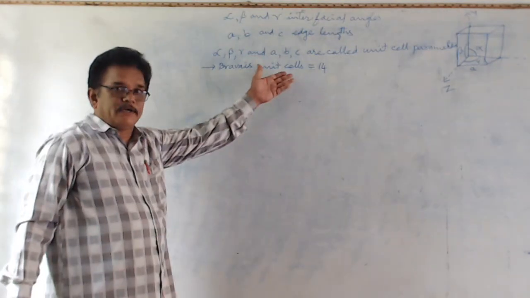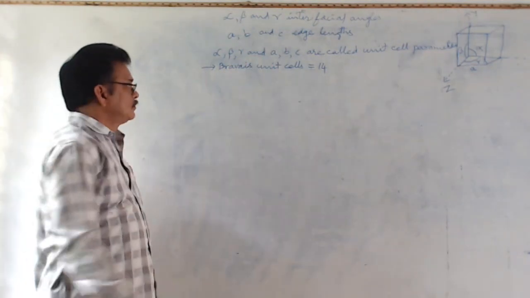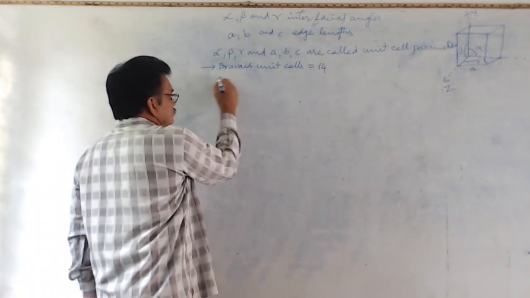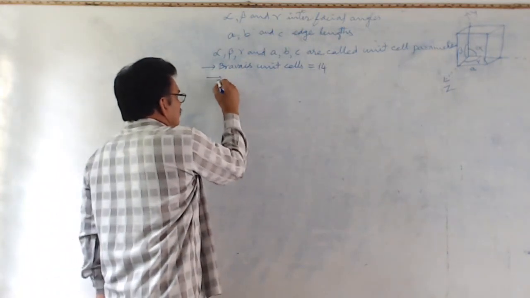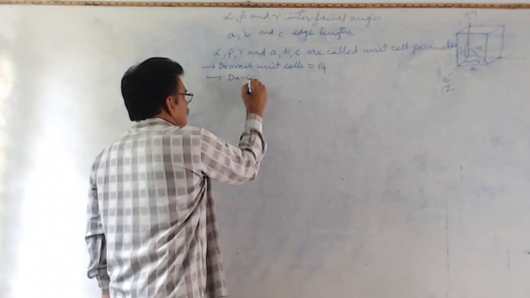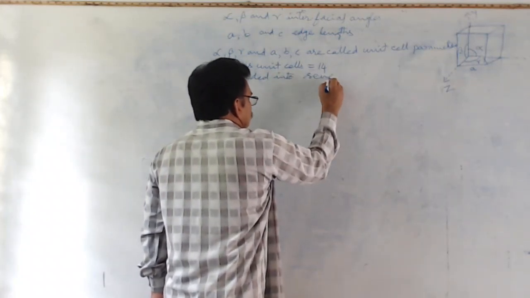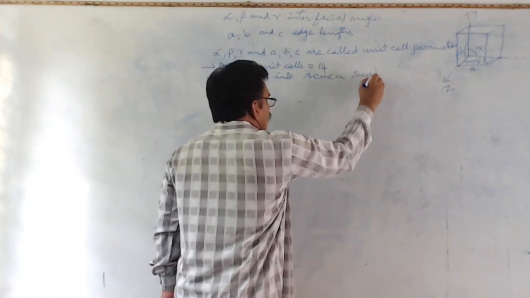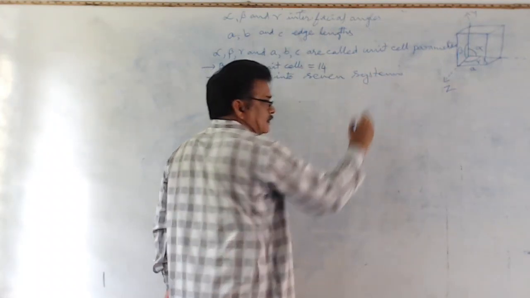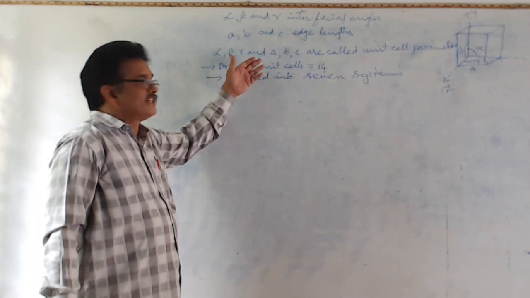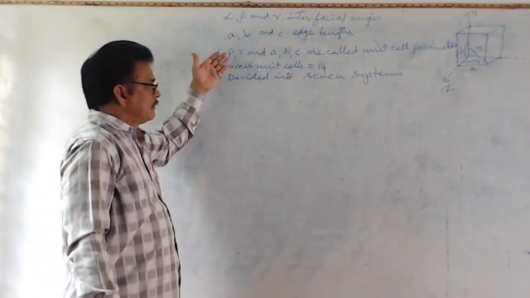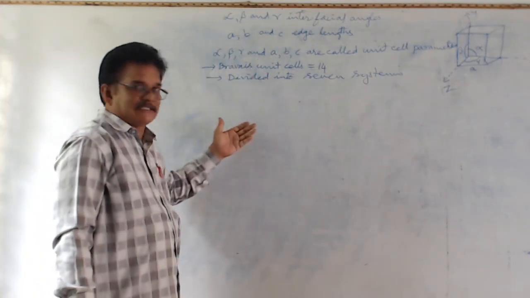These 14 unit cells are divided into 7 systems. How they are divided into 7 systems and what the relation between A, B, C and alpha, beta, gamma will be, we will discuss now.